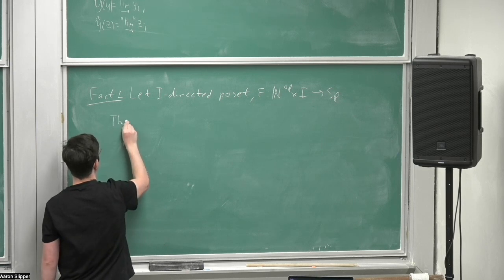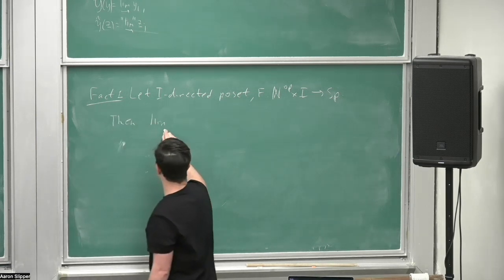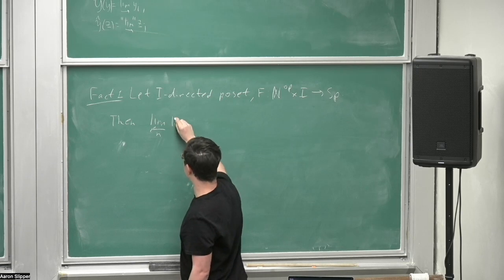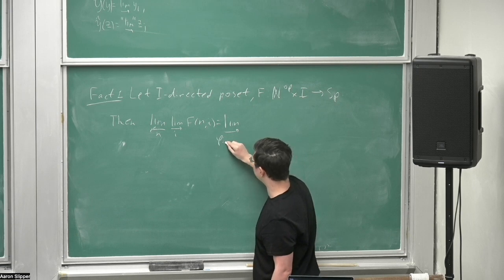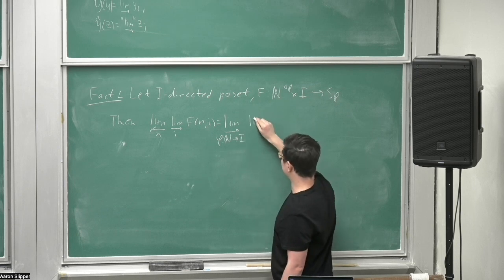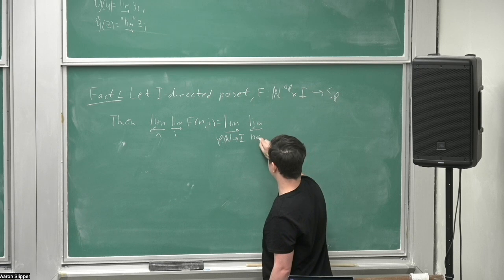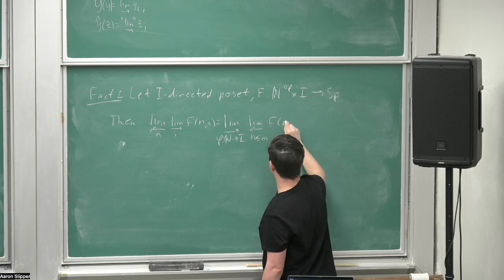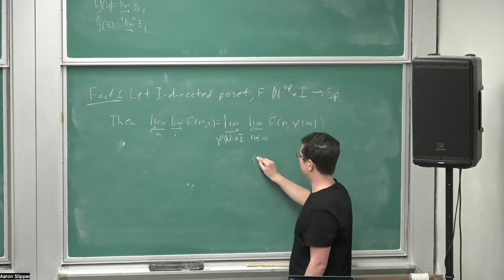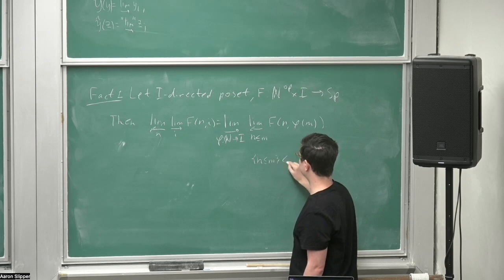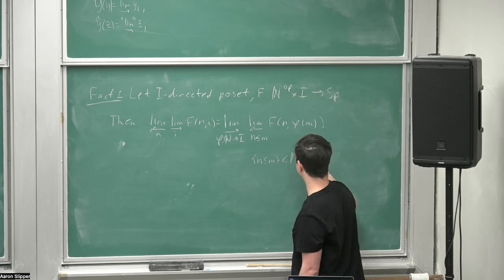Then when we take the sequential limits of colimits by F and I, this can be rewritten as a filtered colimit over all order preserving maps from natural numbers to I of inverse limits over n less than or equal to m of F of n, phi of m, where this set of pairs n less than or equal to m is considered as a subset of N opposite cross N.